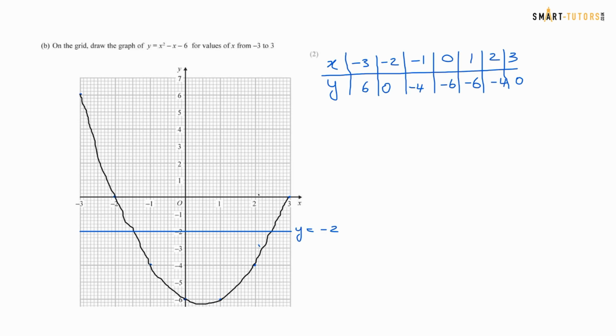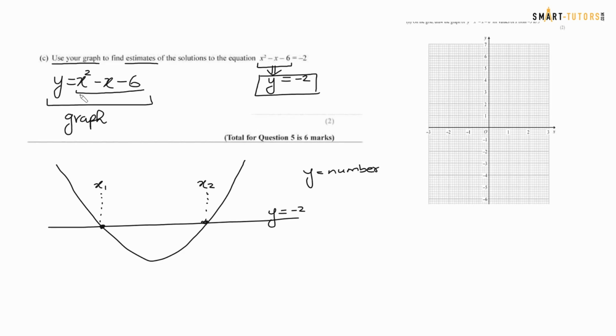The y equals minus 2 line is intersecting the graph at 2 places. One of them is this one. So if you say this is nearly 2.5 and this one is minus 1.5.